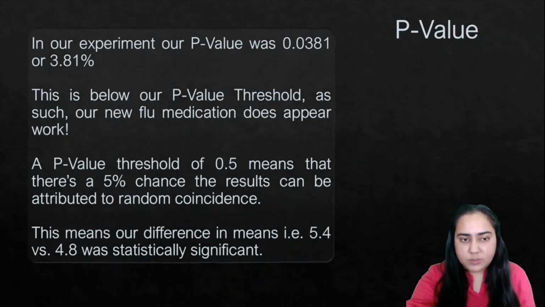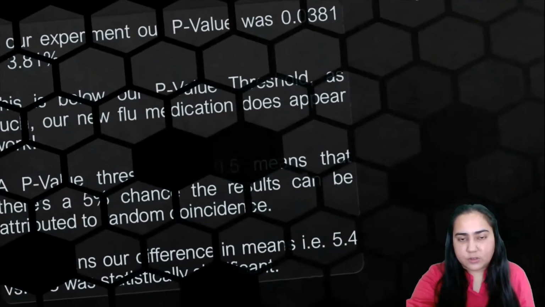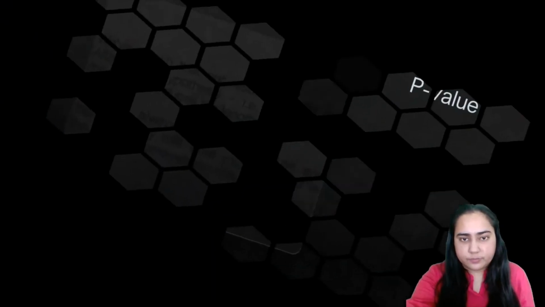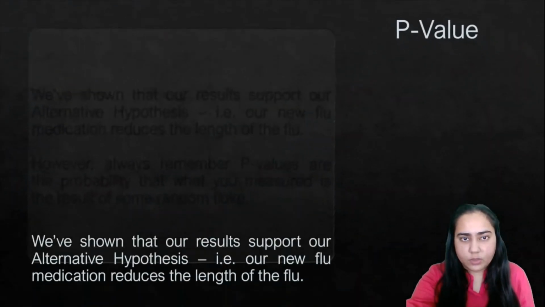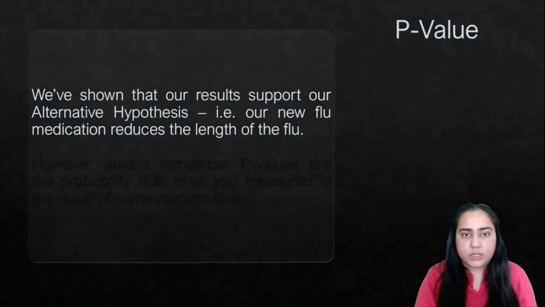And this means, because our chance of that happening is 3.81%, which is less than 5%, our difference in means, 5.4 and 4.8, was actually statistically significant. And we've shown through our results that they support our alternative hypothesis.